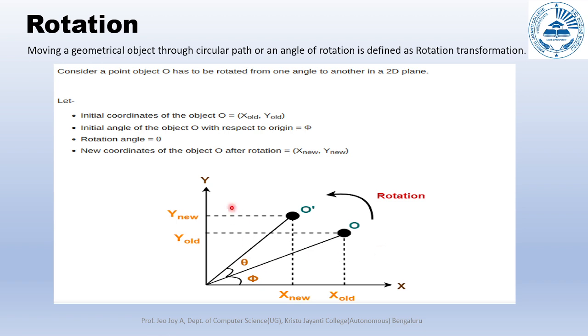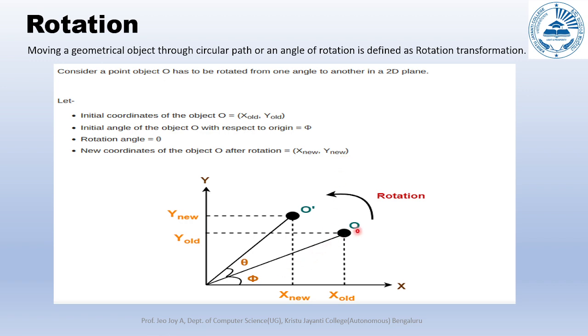Let a point on the object O be rotated through some angle theta, which is defined as the rotation angle, in a 2D plane. Let the initial coordinate location of O be represented as x old and y old, and the new representation be O dash, given as x new, y new.